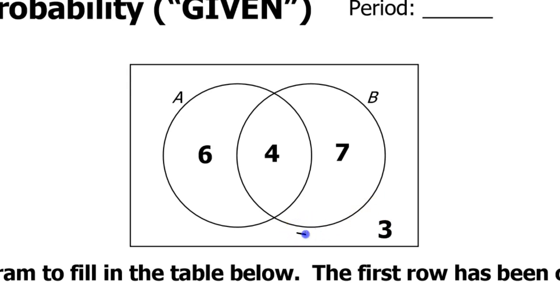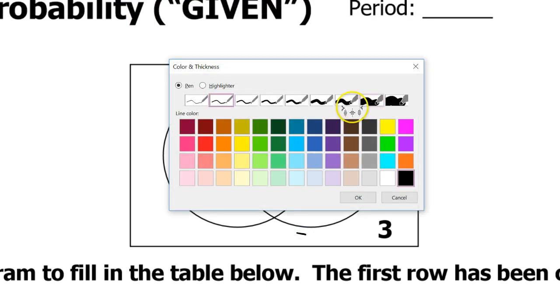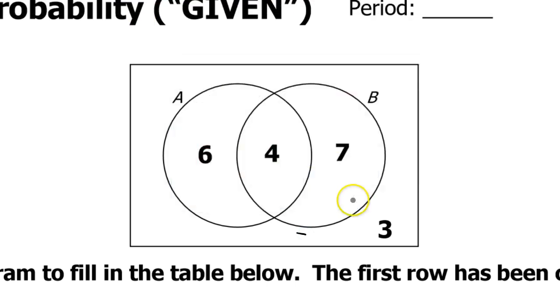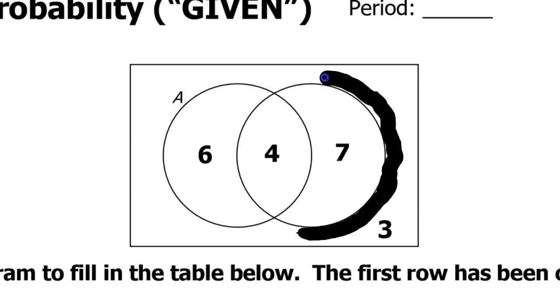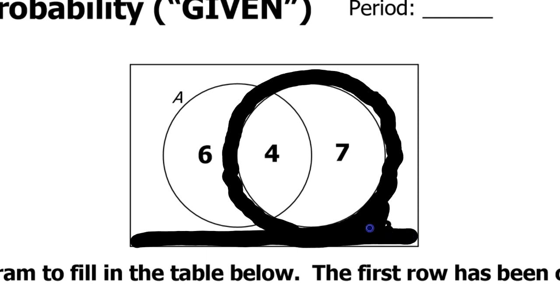So if we're given that it is in B, then that means everything outside of B is gone. So I'm just going to black out everything that is outside of B, because this is the new universe. The universe where B is all that exists.